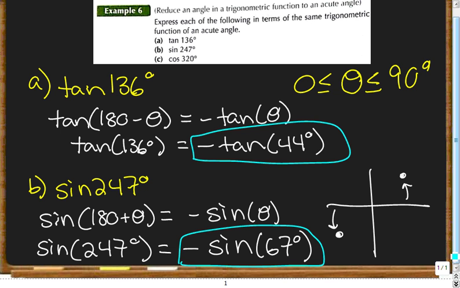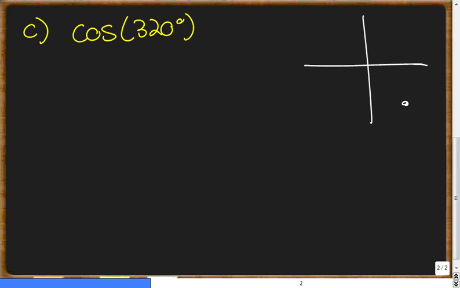Then it says the cosine of 320 degrees. Let's think about this for a second. 320 is over here, and the cosine is about how far away we are from this axis. If we know that, we can do 360 minus theta, and that will give us the same value at another place.